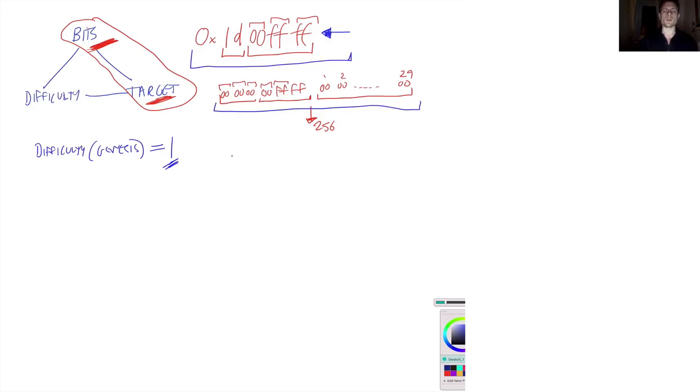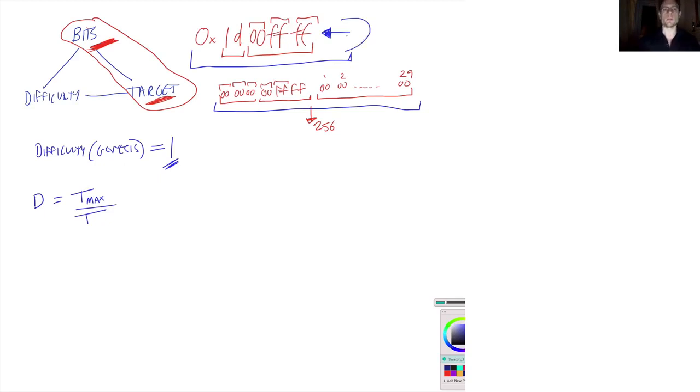So difficulty in essence is basically, if we write it down, so difficulty D, right? D of any block equals the maximum target divided by the current target, right? So maximum target is this.